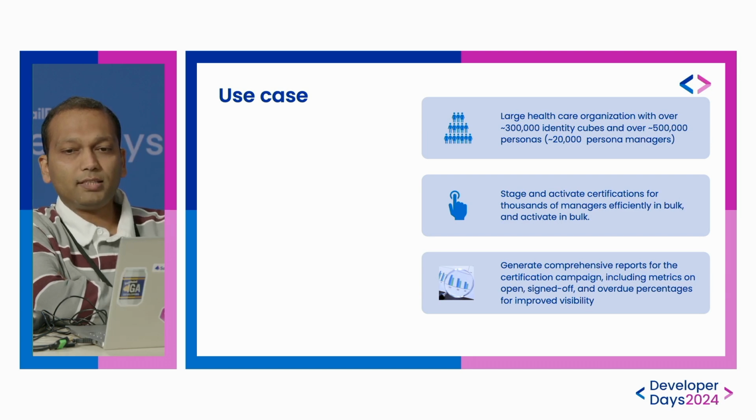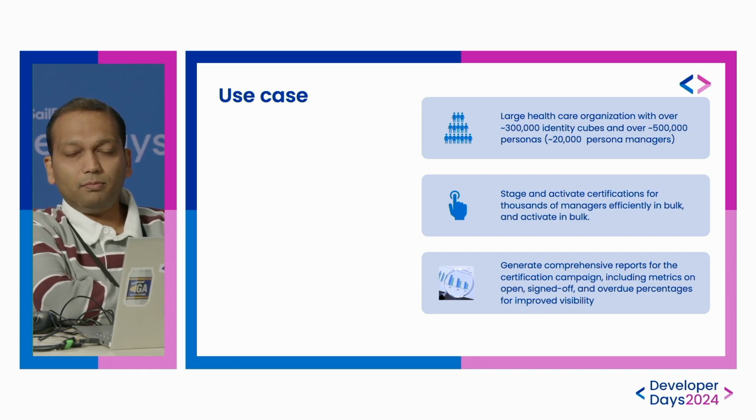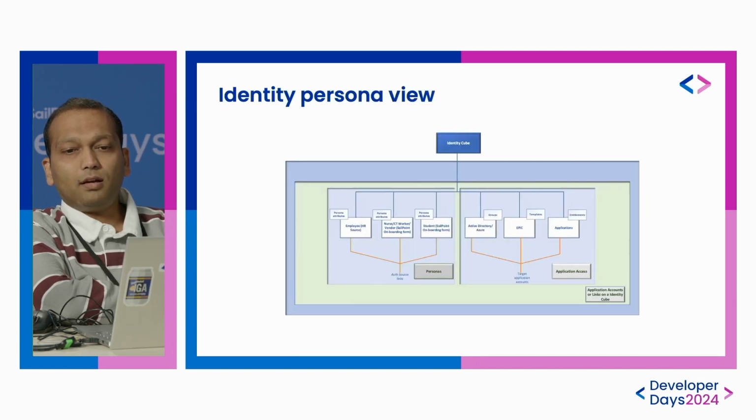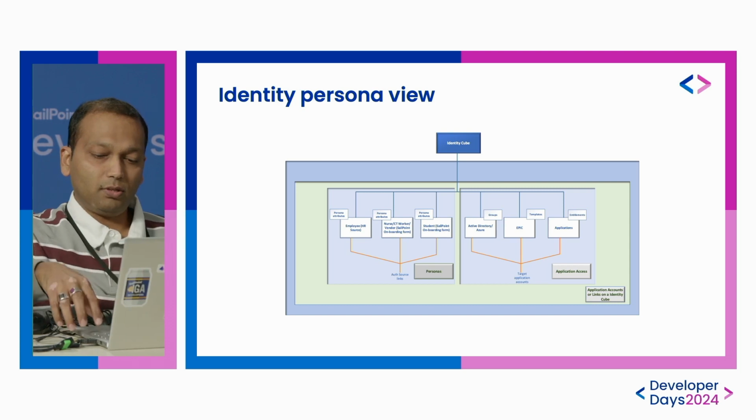So there are fewer identity cubes but multiple personas, and I'm going to explain it in the next slide. The use case is how to stage and certify this many personas in bulk, and then activate the certifications in bulk. And the last part of the use case is generating the report of those personas.